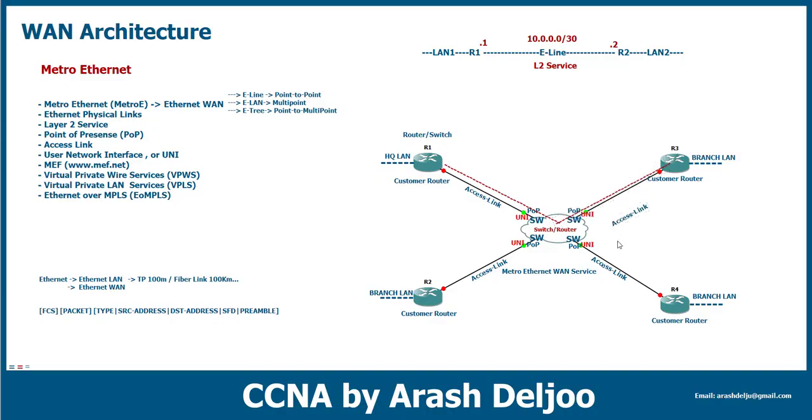And after that we can establish another logical connection to, for example, router 4. Let me show you. This is the logical connection to router 4, and after that we have another logical connection to, for example, router 2. Actually we have only 1 physical connection, but in this physical connection we have multiple logical connections.